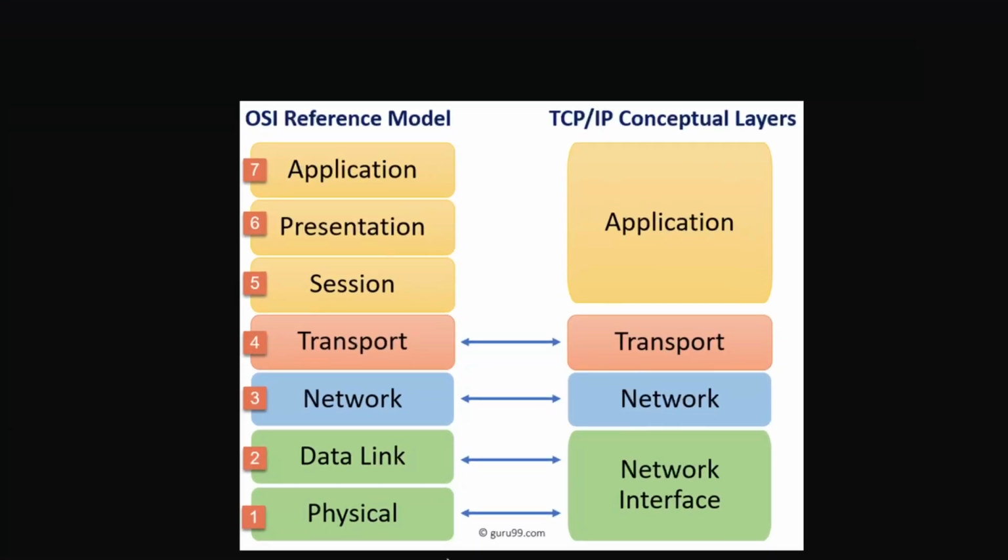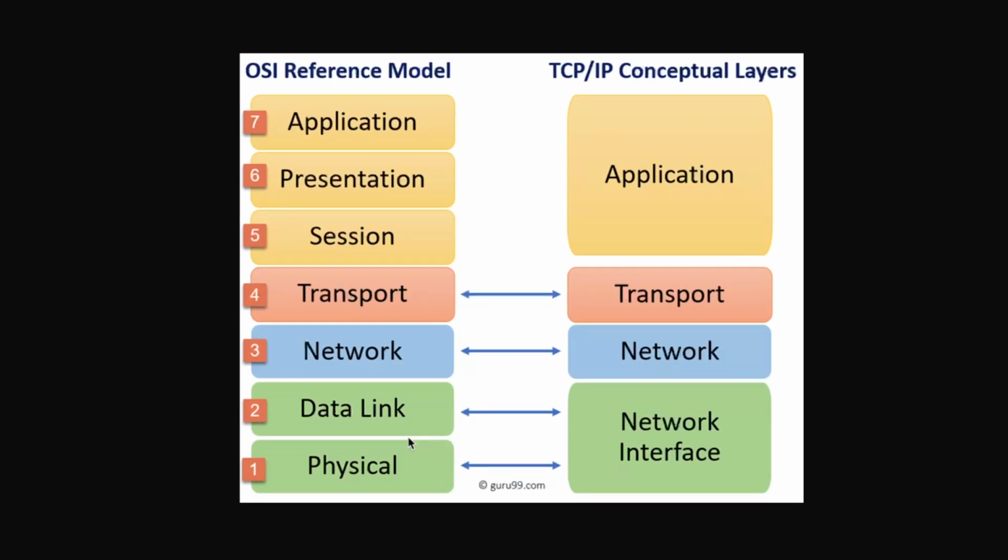The first 2 layers right here, the physical and data link, go into the network interface. Then you have the network layer, which they call the internet layer. Transport is still transport. And then the layers up here, 7, 6, and 5, session, presentation, and application, all fall under the application layer of the TCP/IP.